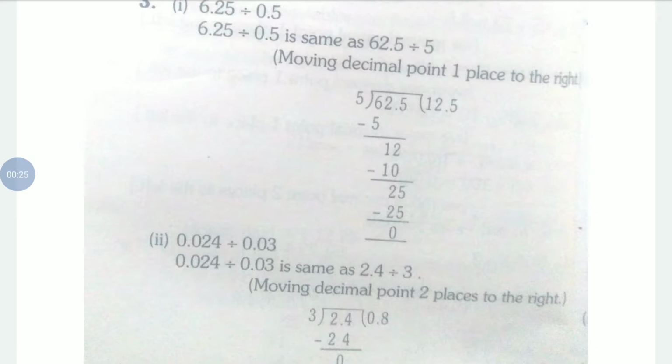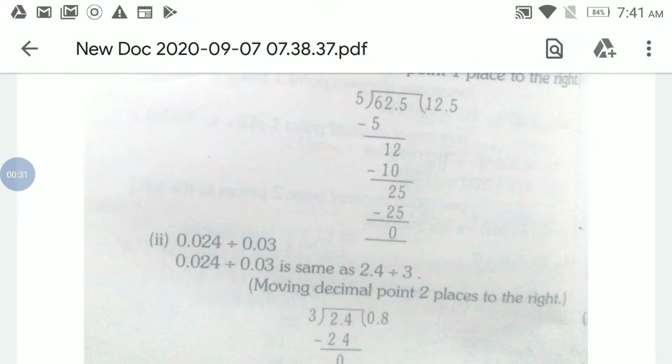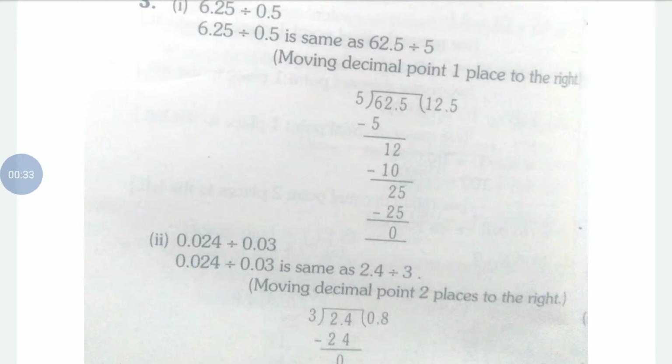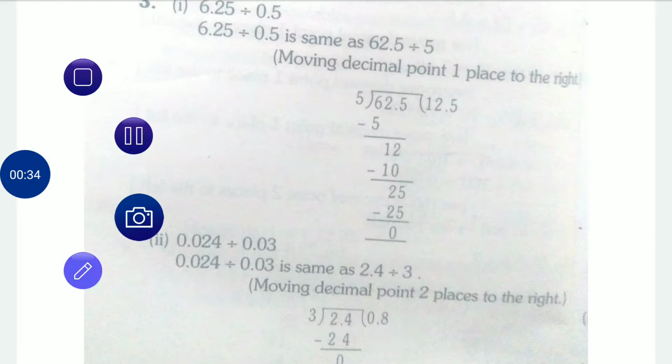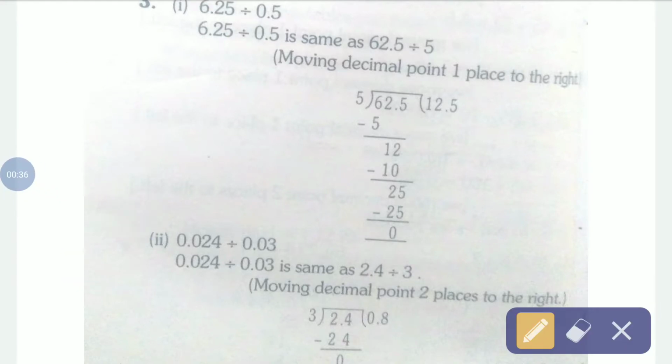The first number is 6.25 divided by 0.5. So the decimal point is in both the numbers. Do you remember that we have multiplied by 10, and if we multiply by 10, the decimal point is shifted toward the right-hand side.